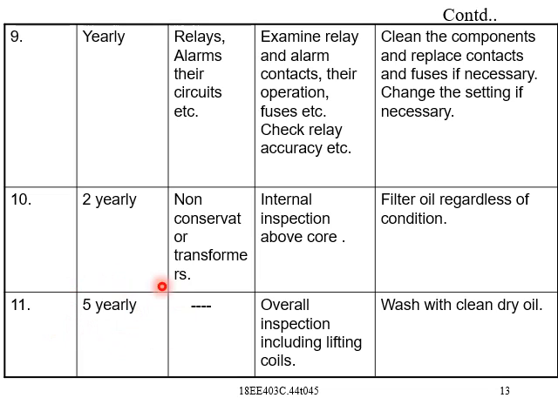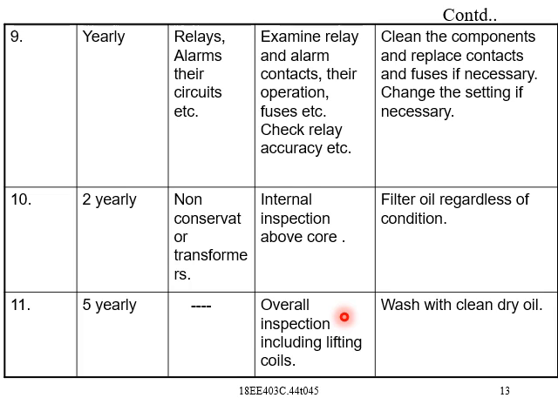The 11th point is for every 5 years. Inspection is done every 5 years. That is an overall inspection including lifting the coils.